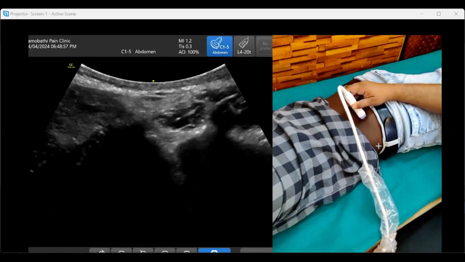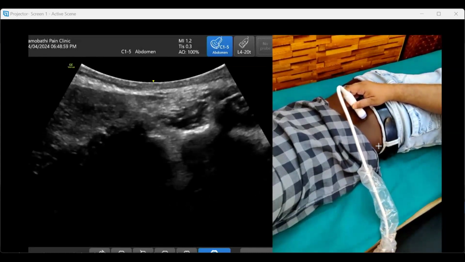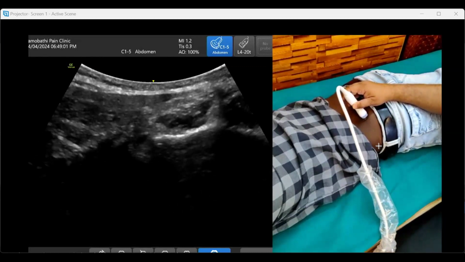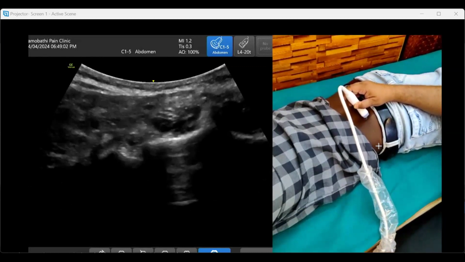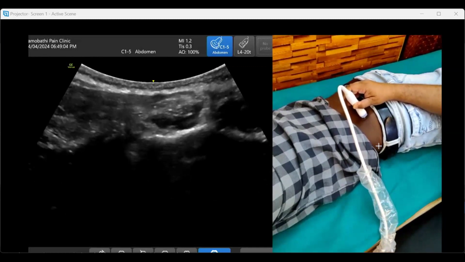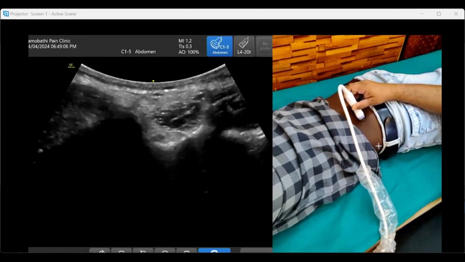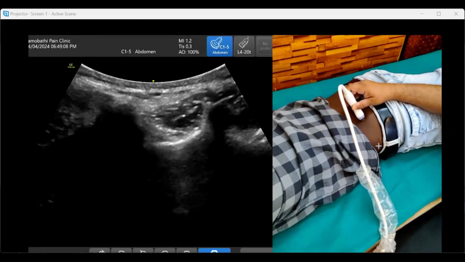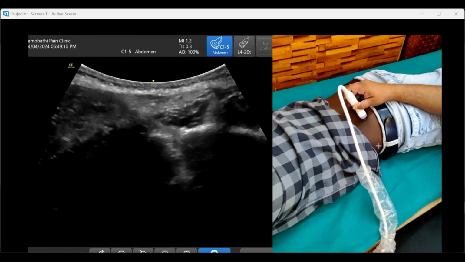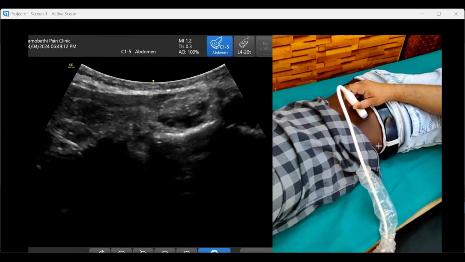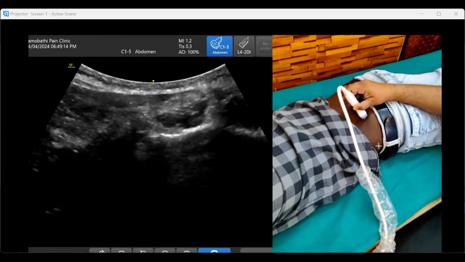As we are going towards the caudal side, you see there are some changes. Here the image of the posterior superior iliac spine is coming down, and you see there are two areas to which the echoes are going in.